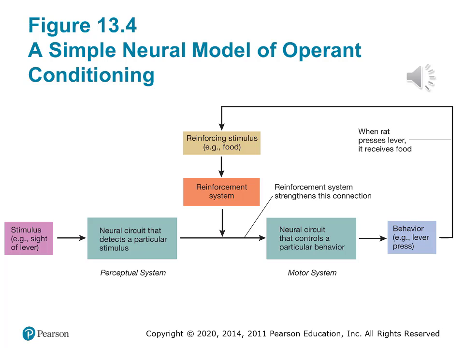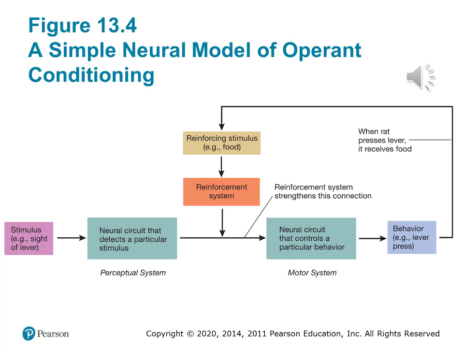This simple neural model of operant conditioning from your textbook shows the following actions in a series. There's the perceptual system depicted as well as the motor system. You'll see that the perceptual system involves a stimulus, for example, the sight of a lever, that leads to neural circuits and the detection of that particular stimulus.